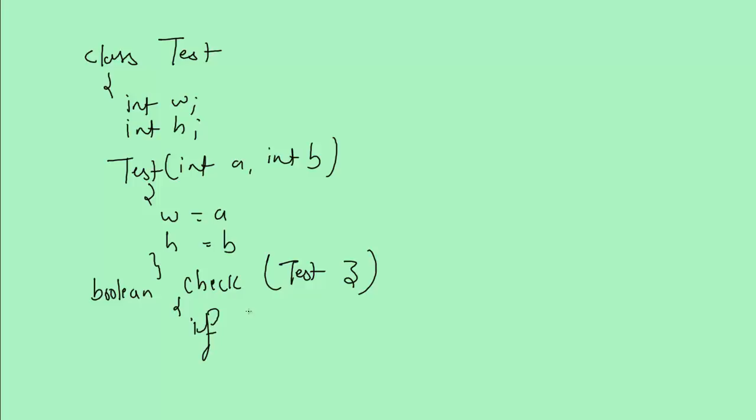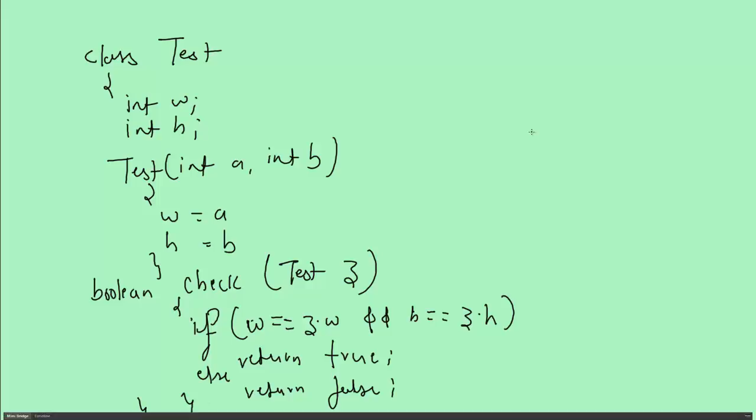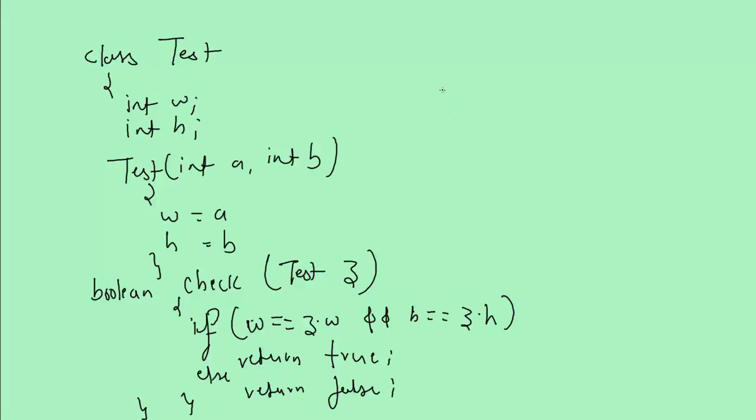If this W is equal to Z dot W and this H is equal to Z dot H, okay, looks fine, return true, else return false. So basically this is a class and this has one method and one constructor and two instance variables.